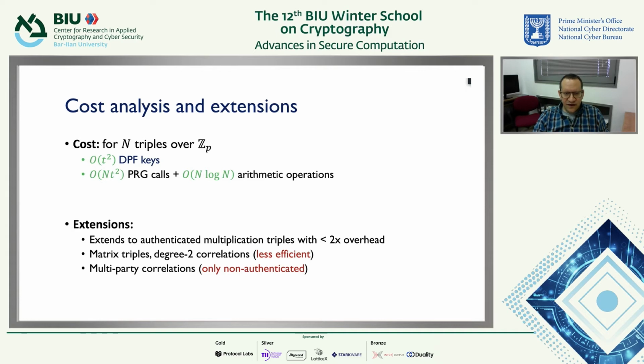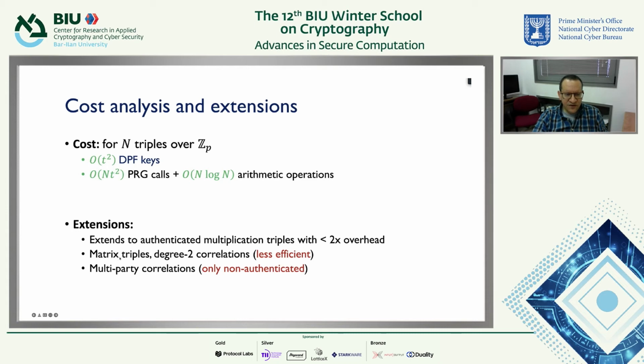Okay, so in terms of extensions, we can handle authenticated multiplication triples with less than 2x overhead. The reason is that we have full control over the polynomials, so we can also secret share these same polynomials, E and F and their products, times some secret multiple that we choose as a PCG dealer.